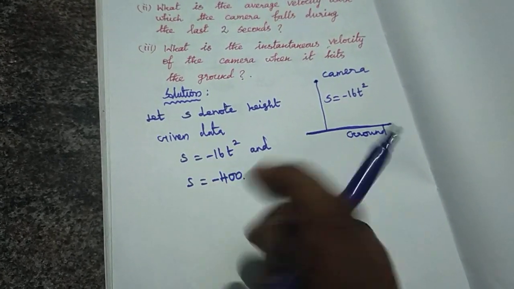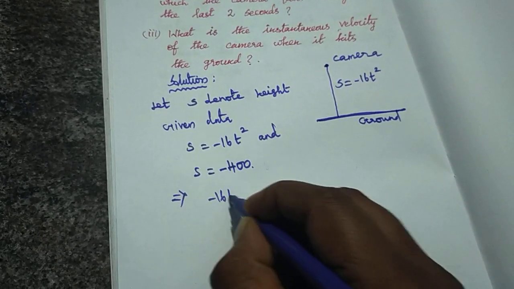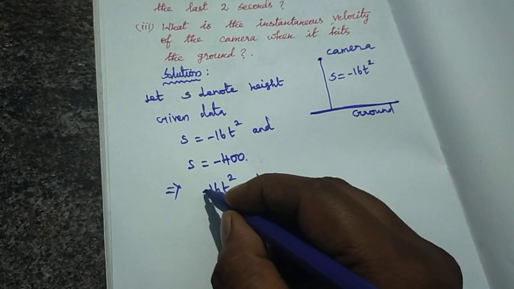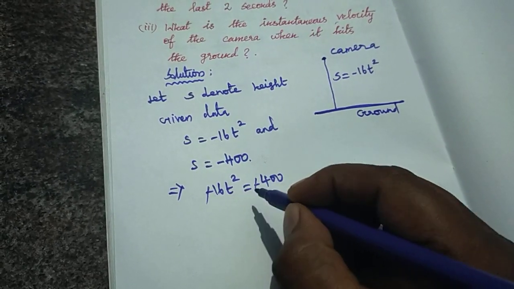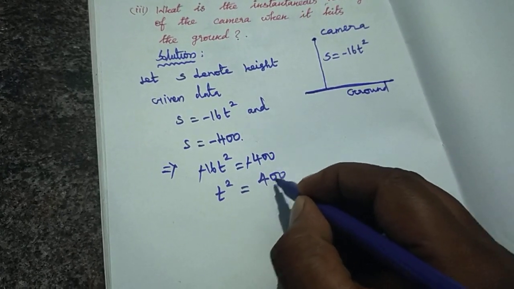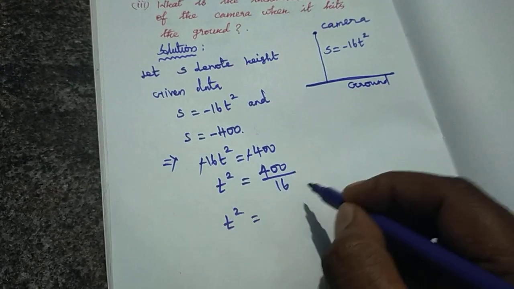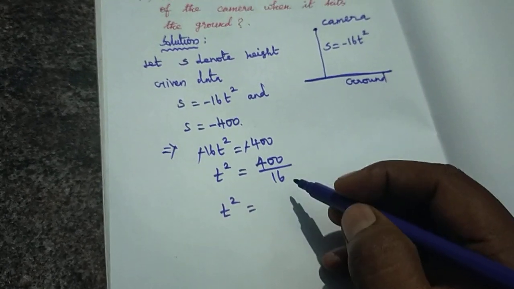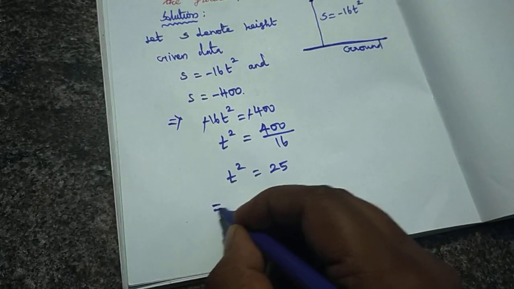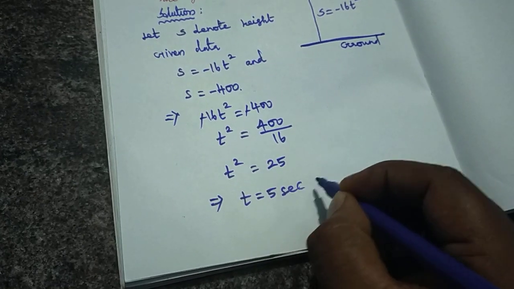These two equations we compare. -16t² = -400. Cancel the minus signs. t² = 400/16. When you cancel 400 by 16, we get 25, which implies t = 5 seconds.